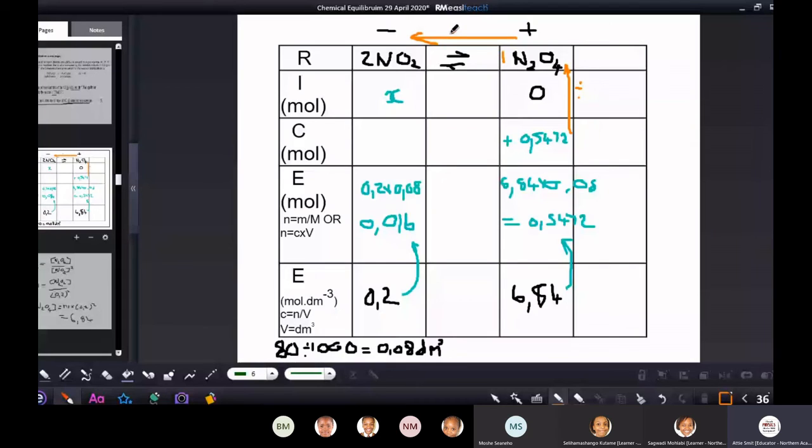So this will be 0.5472 times 2. So the answer here is 1.0944.